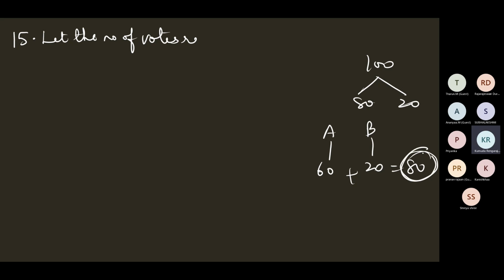So of this 80 votes cast, A has got 60 and B has got 20. So 60 plus 20 is 80. It will not be 100.